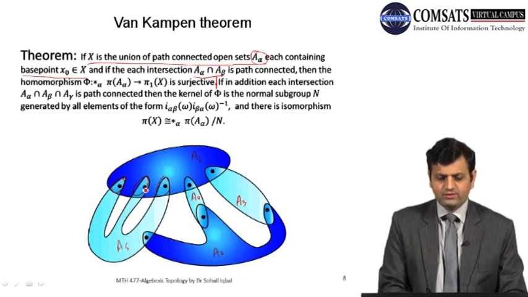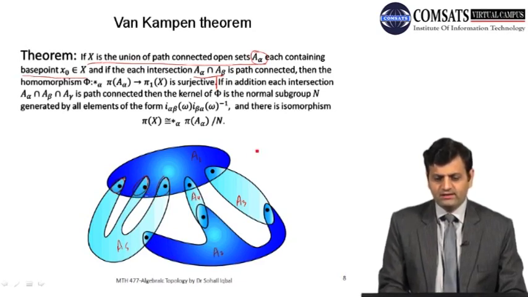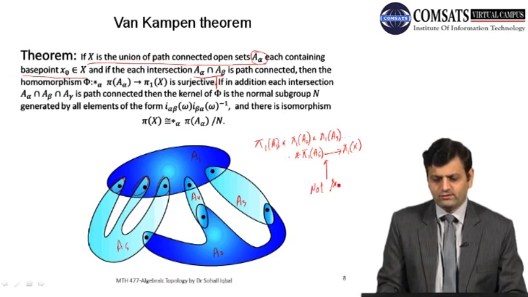In this case we can say that the map from pi 1 of A1, ignoring the base points, free product pi 1 A2, free product pi 1 A3, and so on up to pi 1 A5, to pi 1 X, is not surjective.